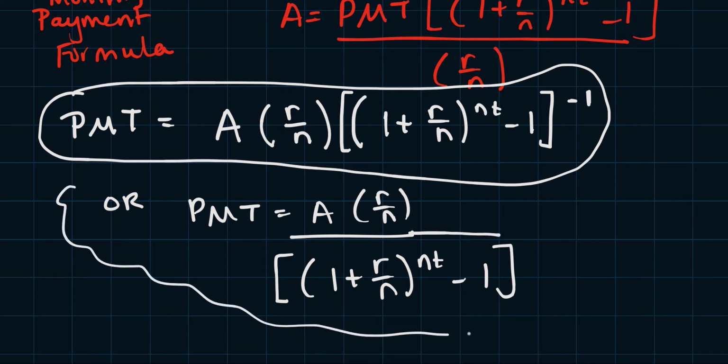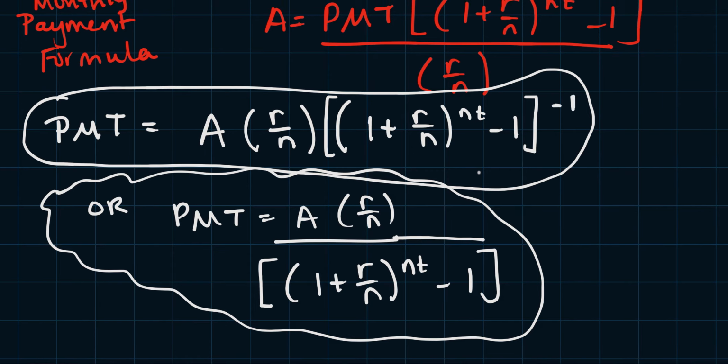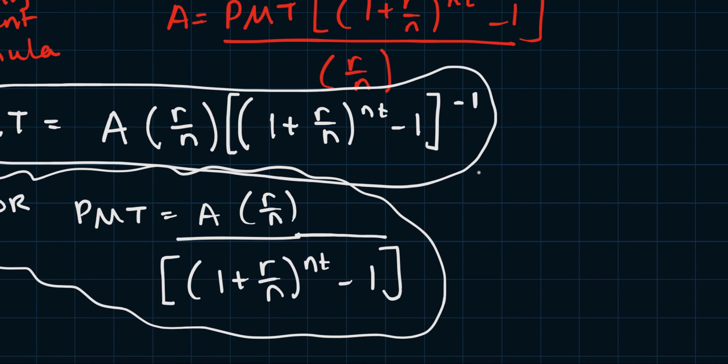Whichever formula you like, they're the same thing, and I'll tell you in just a second. I think this one might be easier for you to put in the calculator. That's why I gave you this one. I guess it really depends on you, but let's see how we got this.